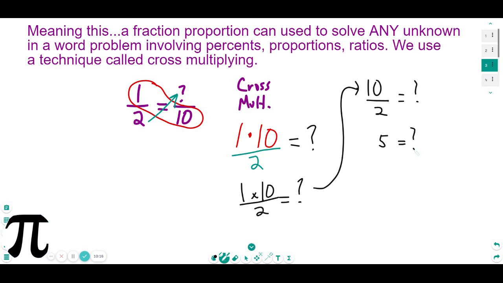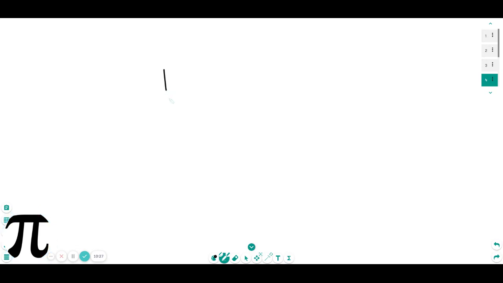So in other words, 1 over 2 is equal to 5 over 10. Here's another way we know this: this is equal to 0.5, and this is equal to 50%.